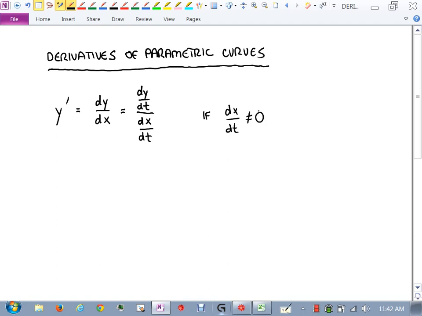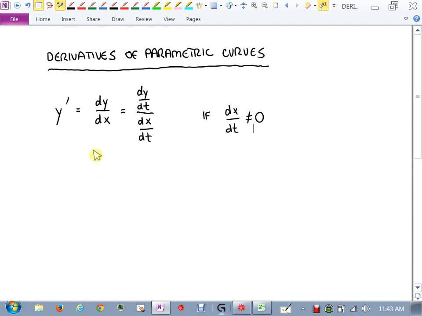Does that make sense to you that this would be true? It's almost like these are fractions and you could just reciprocate them. If I flip this one up, wouldn't the dt's cancel and it would be dy/dx?